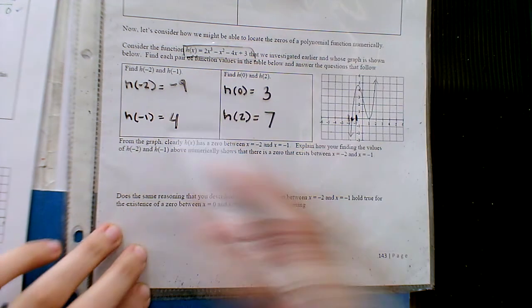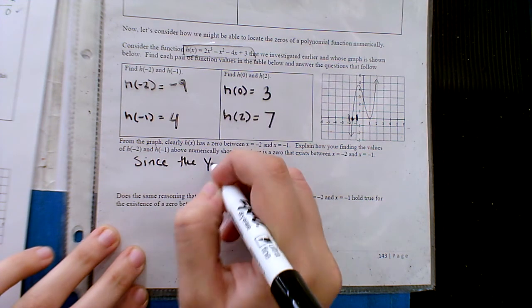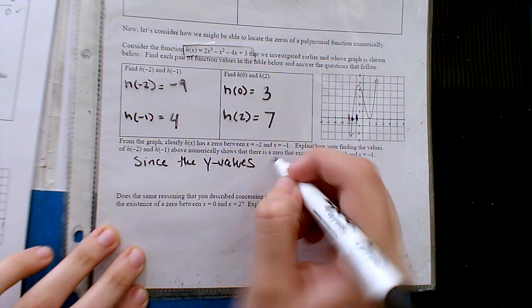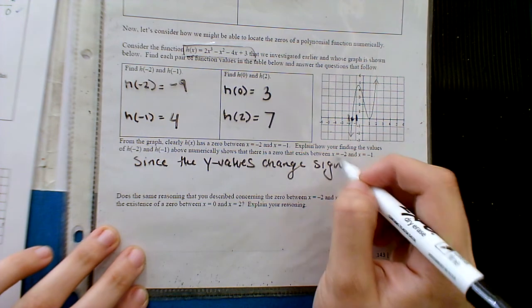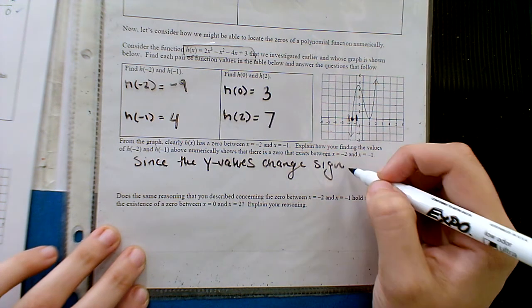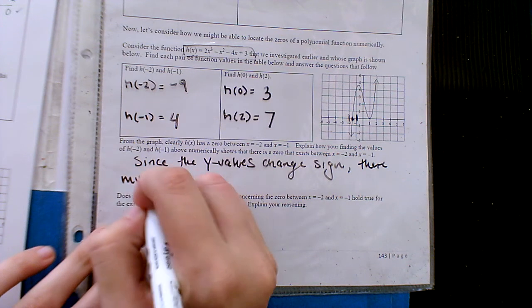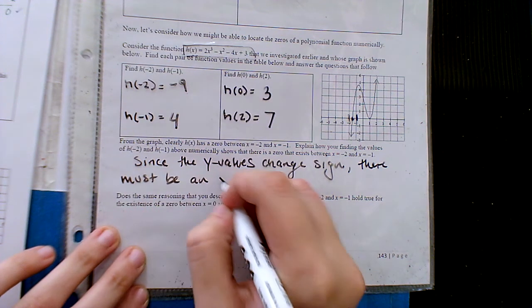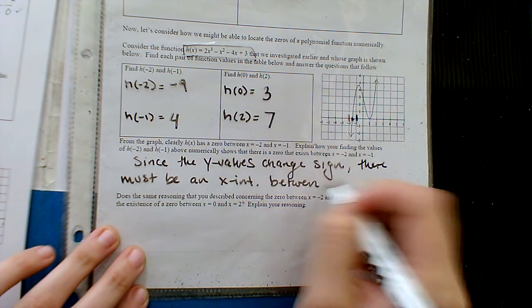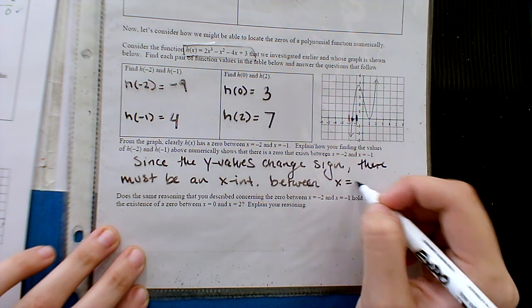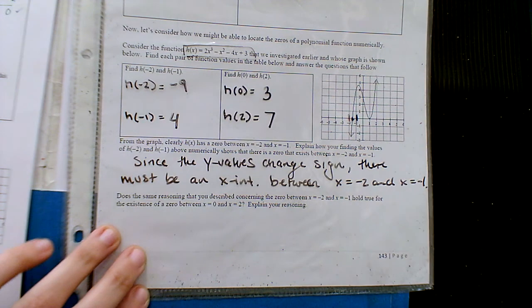Yes. Okay, so we'll go ahead and say, since the y values change sign, one's positive, one's negative, since the y values change sign, there must be an x-intercept between x equals -2 and x equals -1.